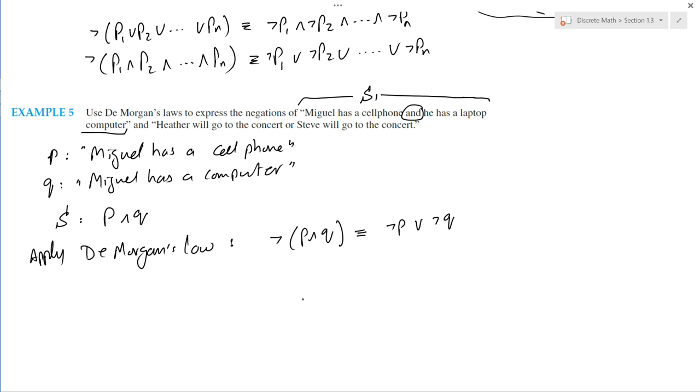So now that we have applied the De Morgan Law and we found out that this is the negation of the logical statement, let's translate this back into the English language. And not P in this case basically means that it's the negation of the first statement. Now there are two ways of doing that.